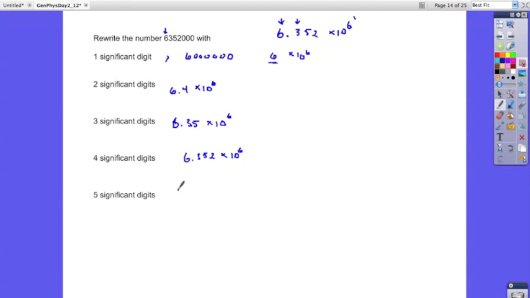So 6.3520 times 10 to the 6th. This is significant because it's on the right-hand end behind the decimal. So now we have 1, 2, 3, 4, 5 significant digits. Writing numbers in scientific notation really helps with counting and rounding to specific numbers of significant digits.